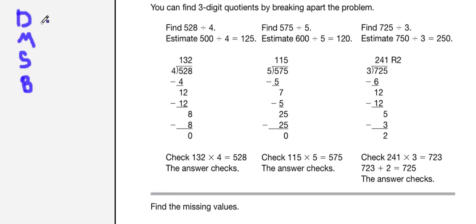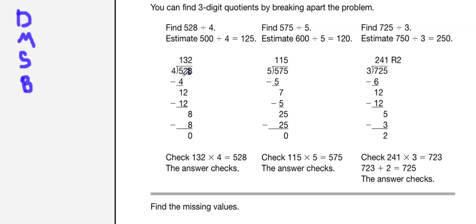There are two ways to remember this. We can remember "dead monkeys smell bad," or you could think of it as "does McDonald's sell burgers?" Divide, multiply, subtract, bring down.